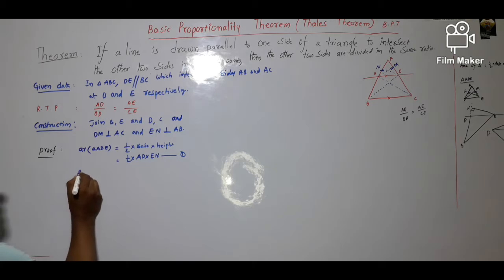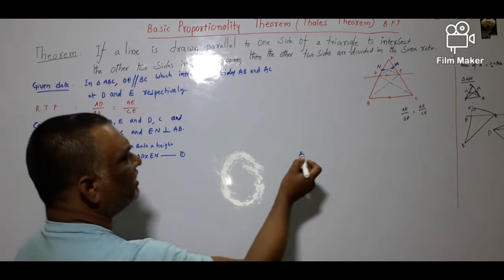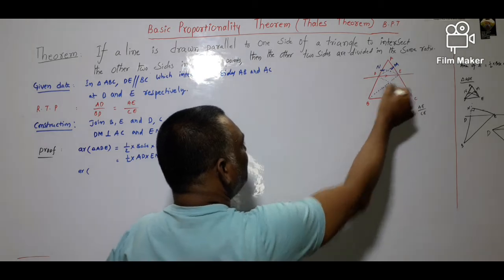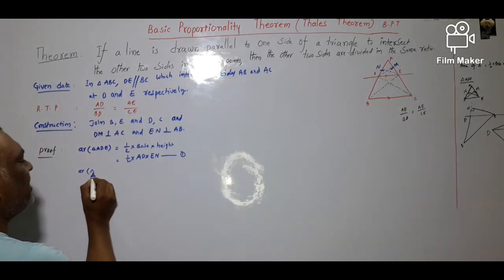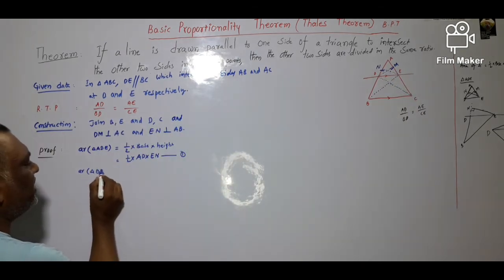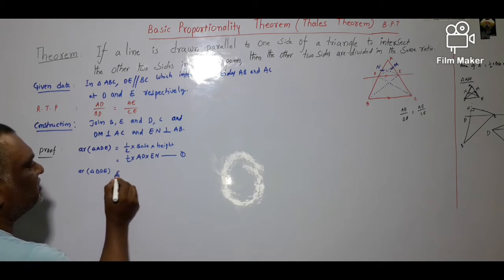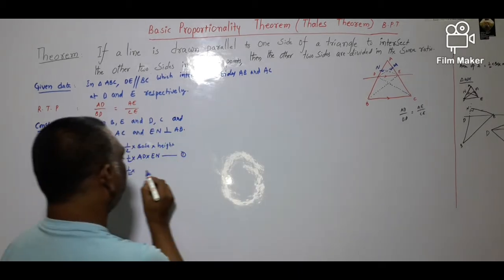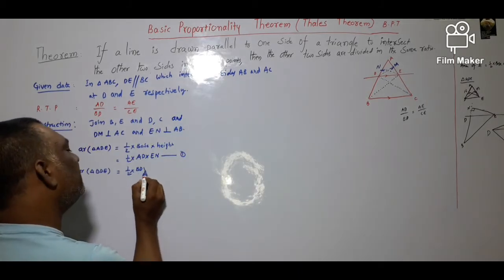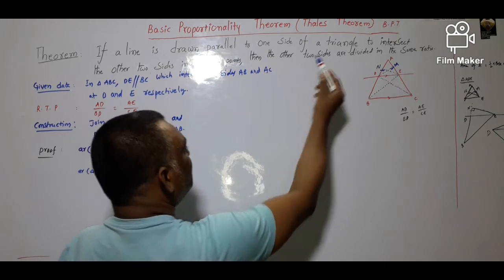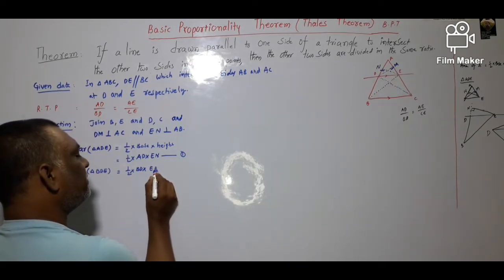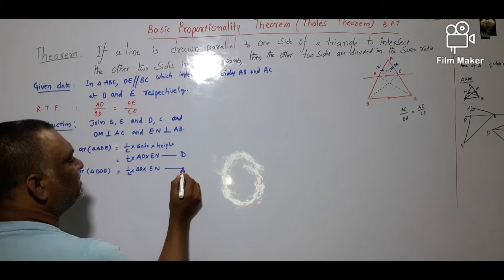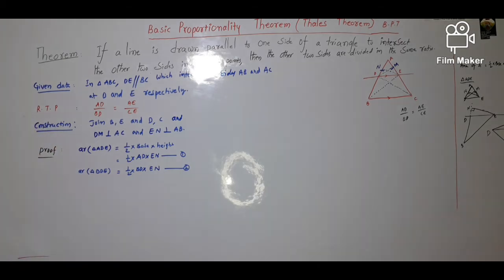Now area of triangle BDE is equal to half into base BD, and its perpendicular height is EN. So this is equation number 2. Do 1 by 2.